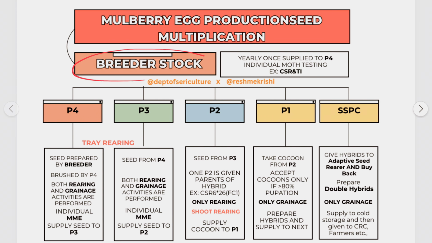Here, the breeder might be anyone. They might be CSR and TI, or GKVK, or University of Mysore, or TNAU, etc. Anyone who is a producer of these breeds.